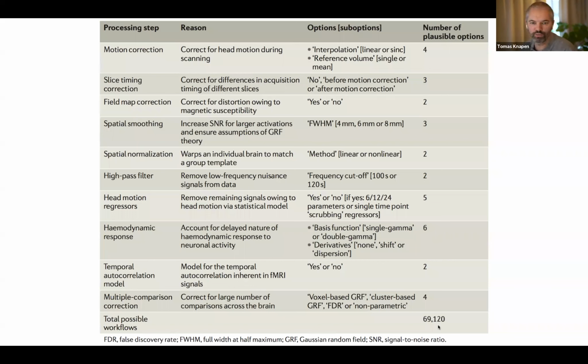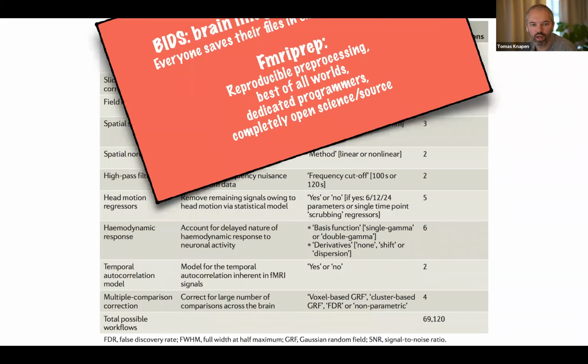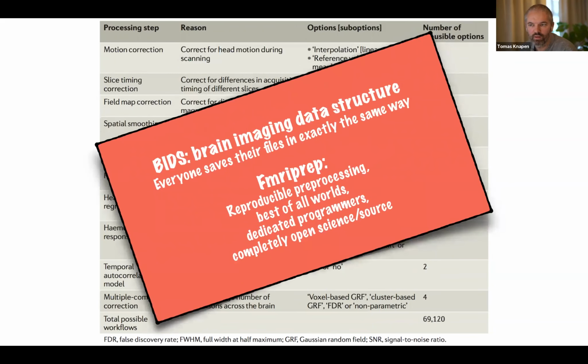So as a field, we're shifting towards this. And I want to highlight two things that have really improved the state of the field in this sense. So the first is the BIDS, the brain imaging data structure, which forces everyone to save their files in exactly the same way. And what we're also going to talk about in the practical is fMRIPrep. So that is reproducible pre-processing.